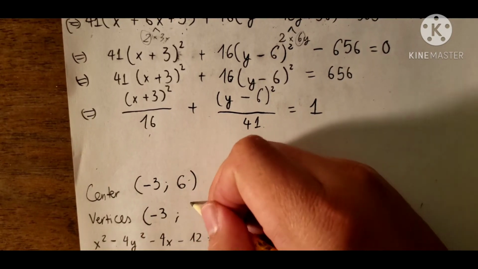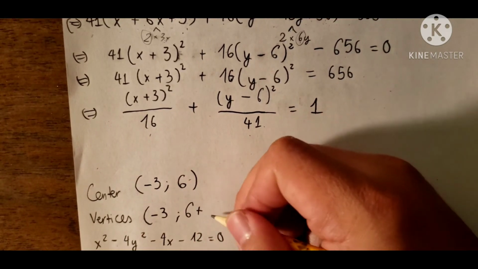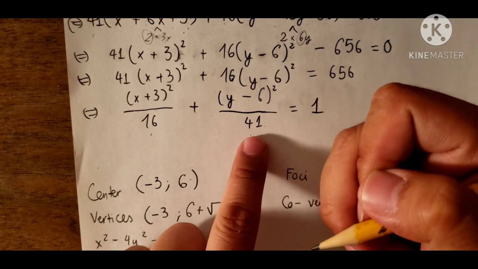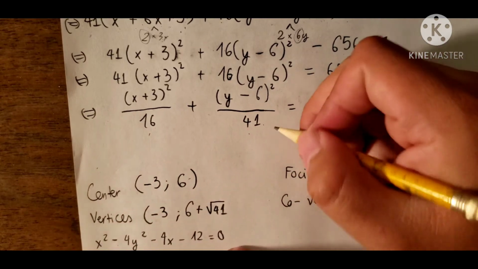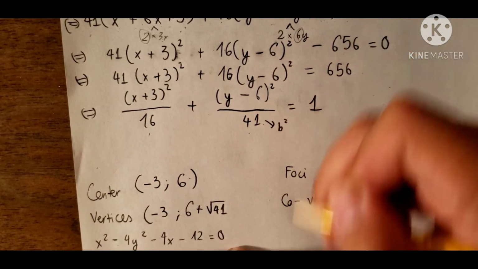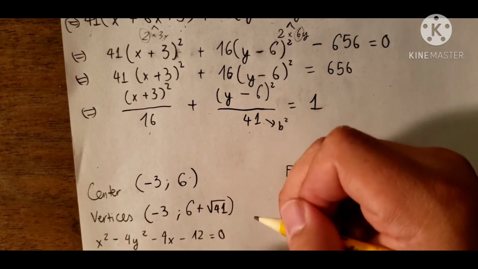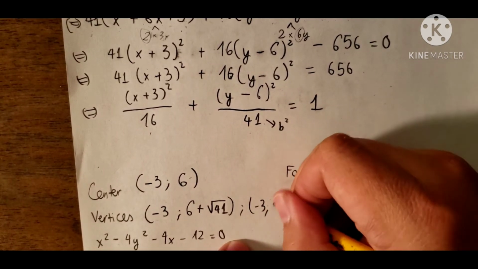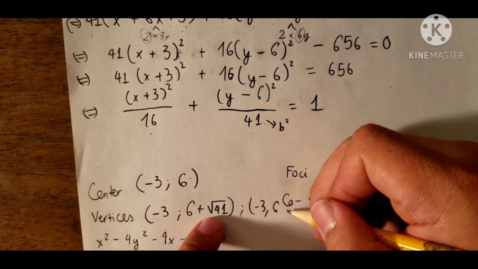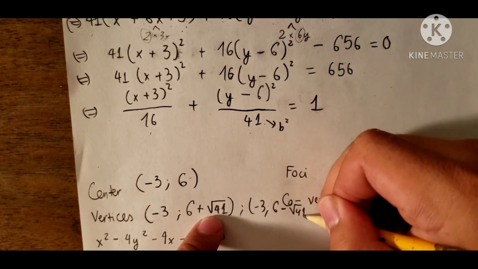So we put 6 plus the square root of 41, because 41 is b power 2, and we find the next one, minus 3 and 6 from the center minus the square root of 41.